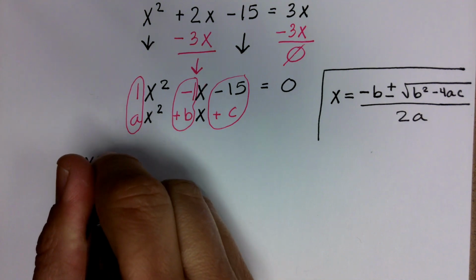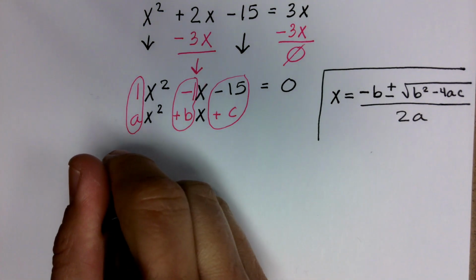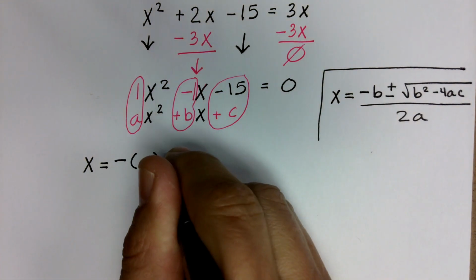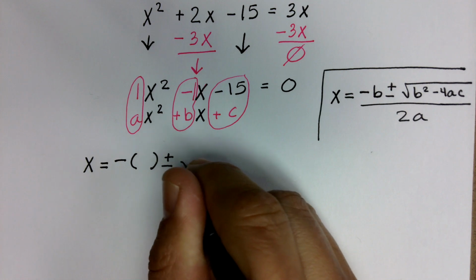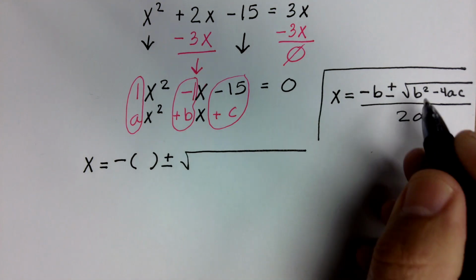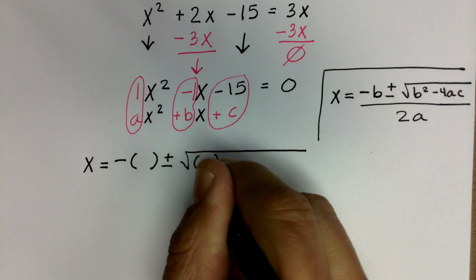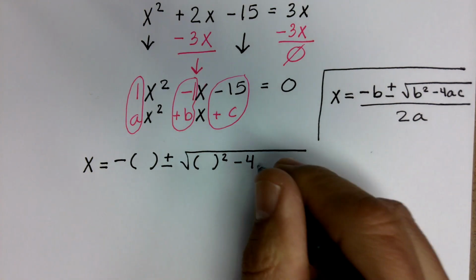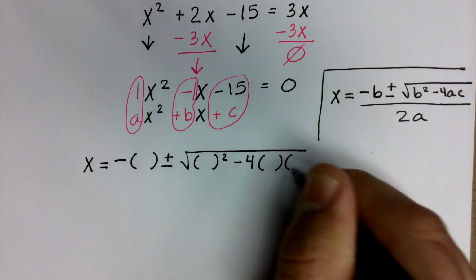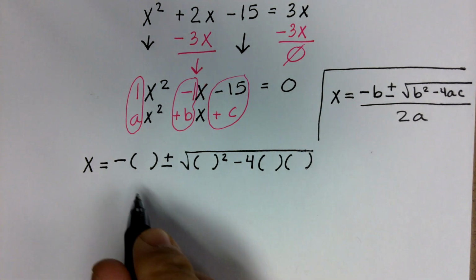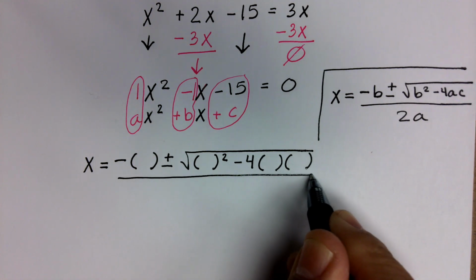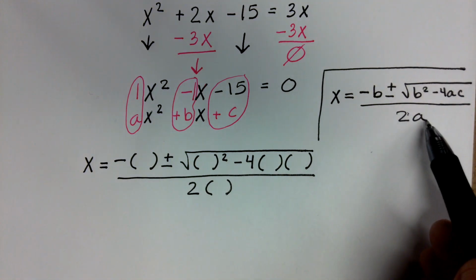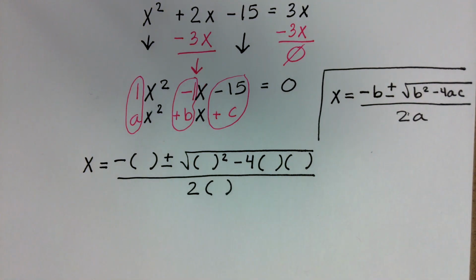So I have x is equal to, a negative sign, and then b in parentheses, plus or minus the square root of, another b squared, minus 4 times a times c, with parentheses for my a value and my c value. Now this will all be divided, so I'm going to put a division line, by 2 times the value of a, so 2, and a parenthesis.